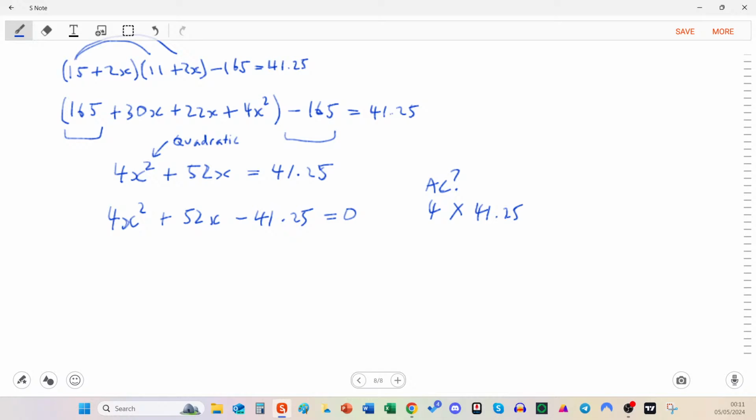I mean, maybe it works, because like 4 times 0.25, and then you've got factors of 165. I mean, it could work. I just feel that at times like this, where it doesn't look nice for whole numbers, that we should use the quadratic formula.